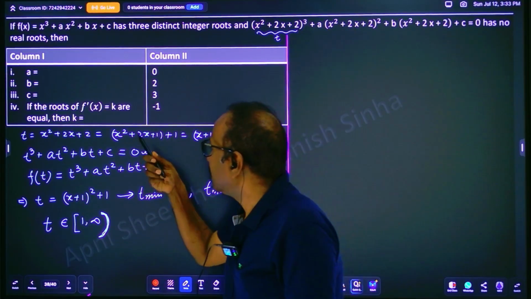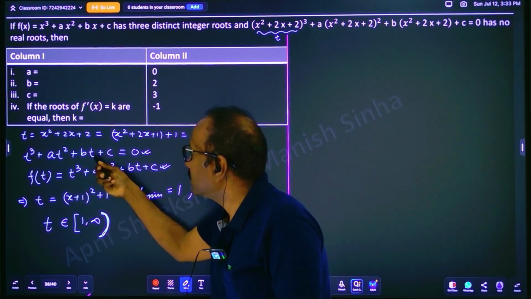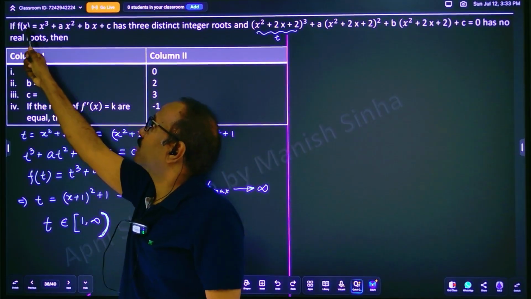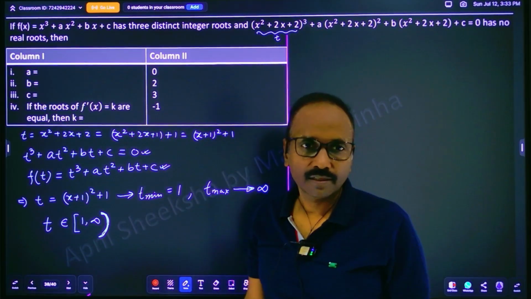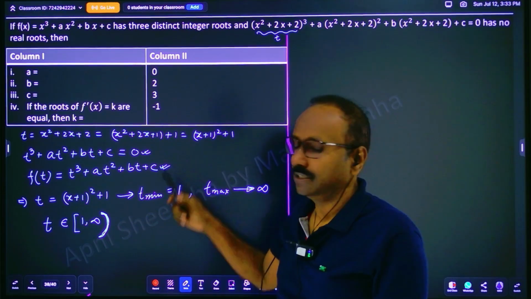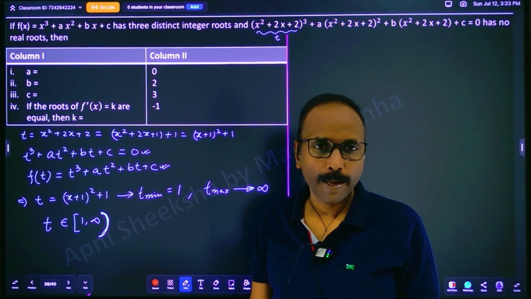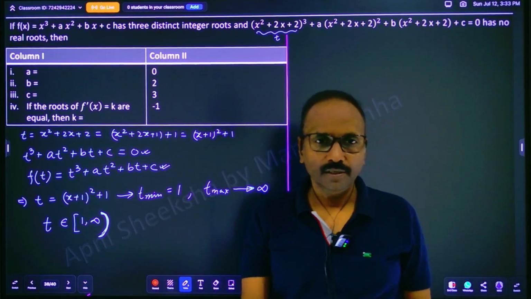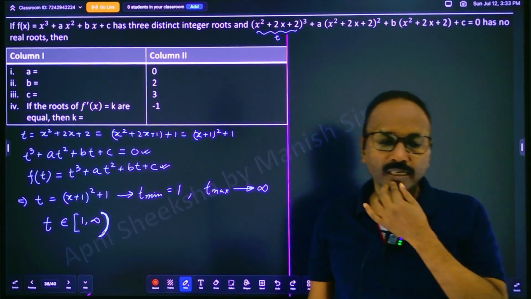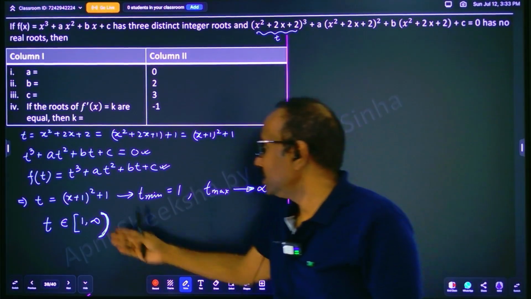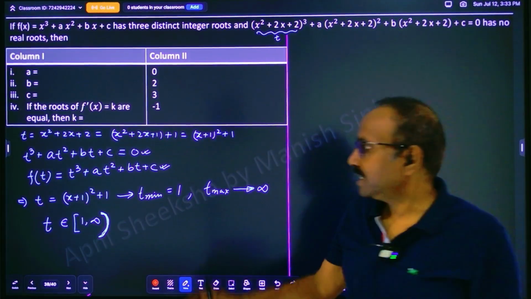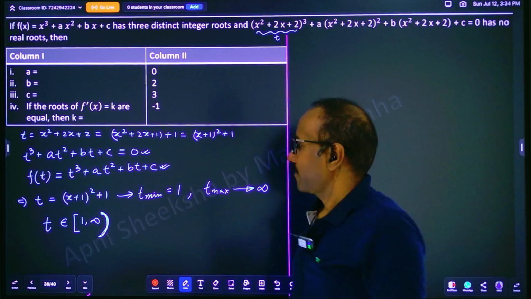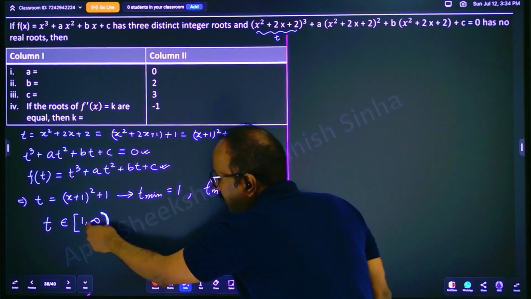And we are getting this equation by putting t in place of x. So we are getting this function, but it is said that this function does not have any real roots. The domain is from 1 to infinity. So it means this function does not have any real roots from 1 to infinity.